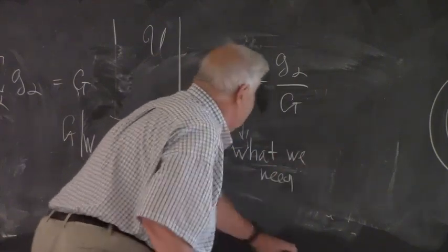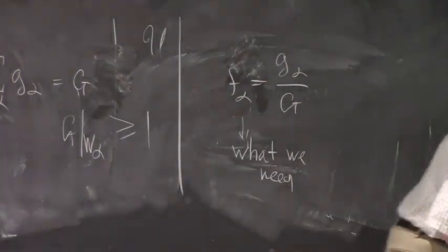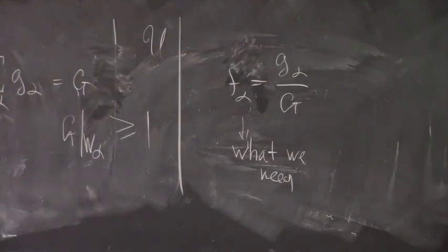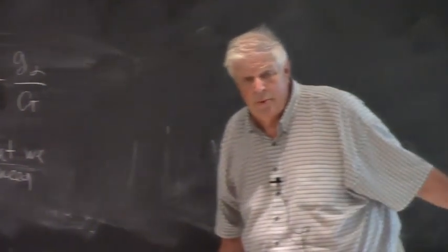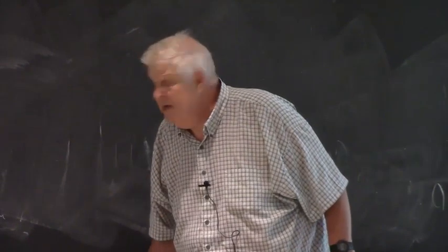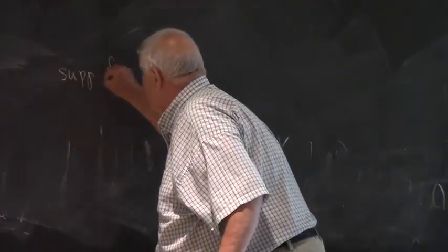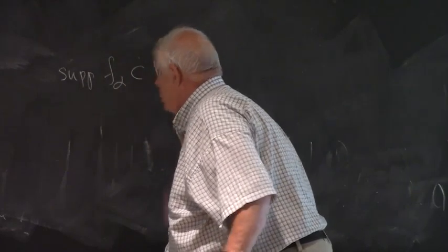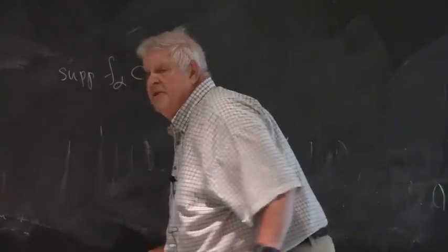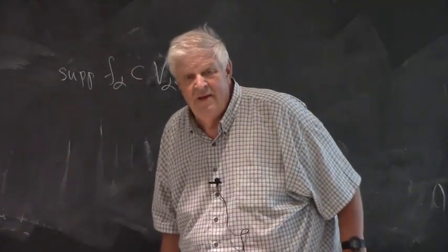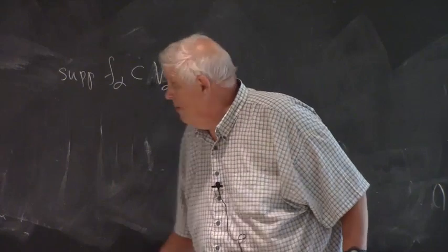It is a locally finite family of functions between 0 and 1. Locally finite because the support of f alpha is again contained in V alpha. f alpha is 0 outside of V alpha. So it's a locally finite family.